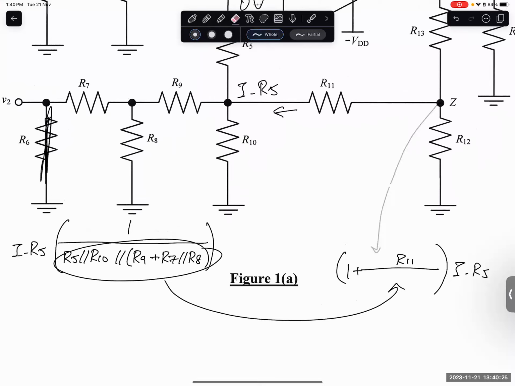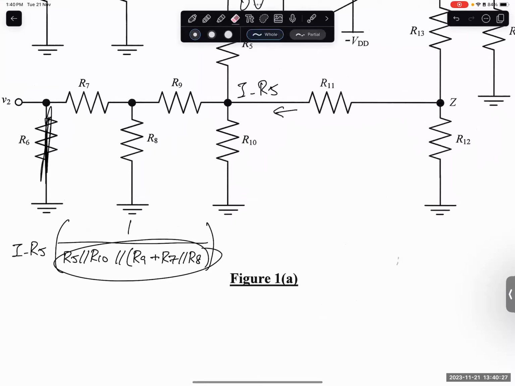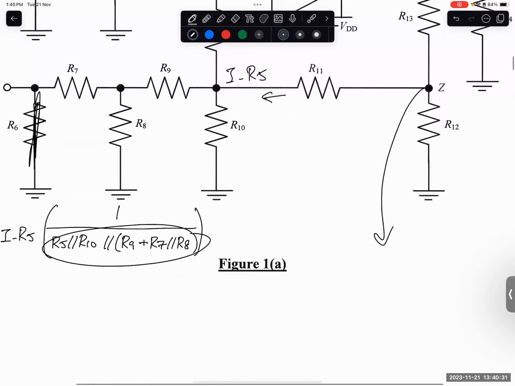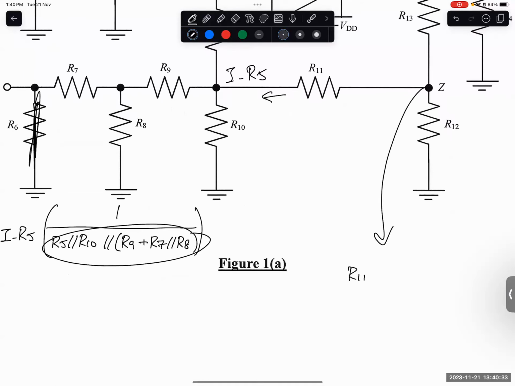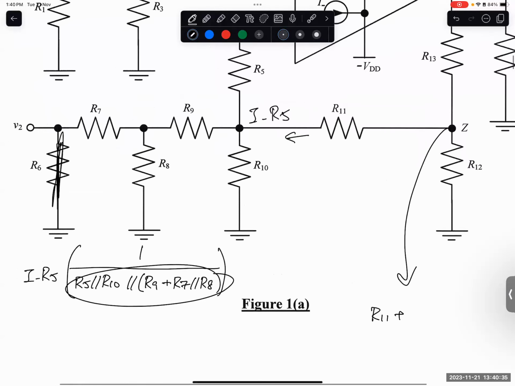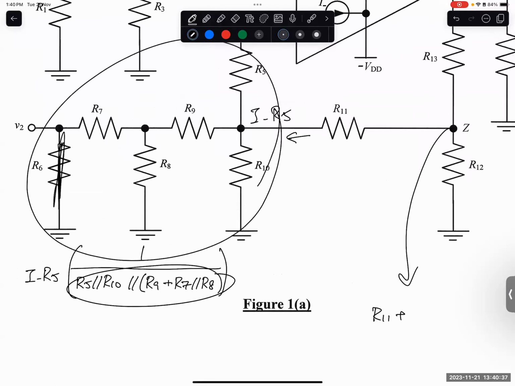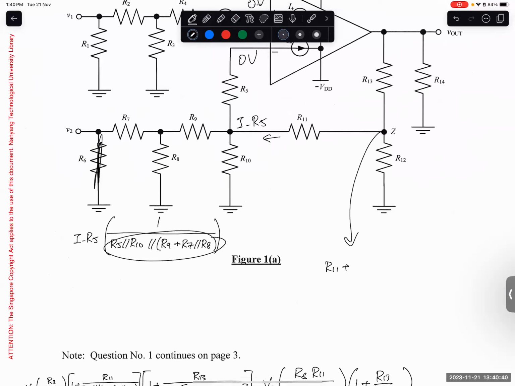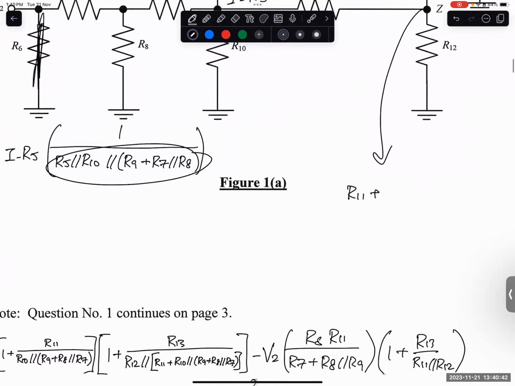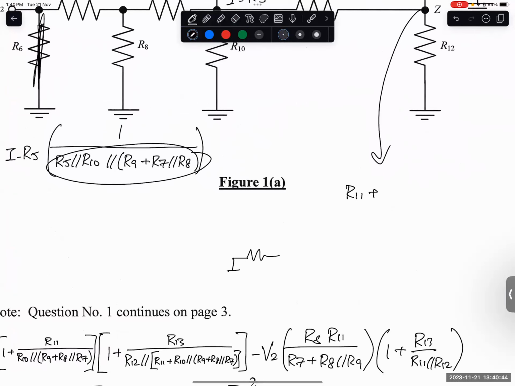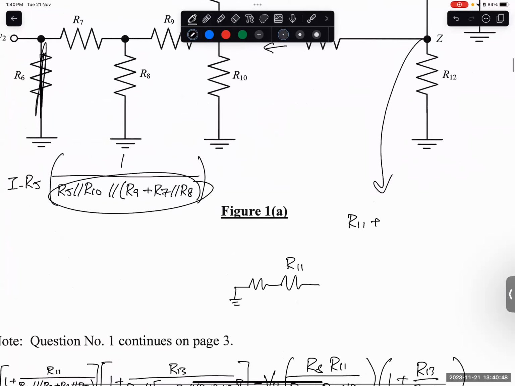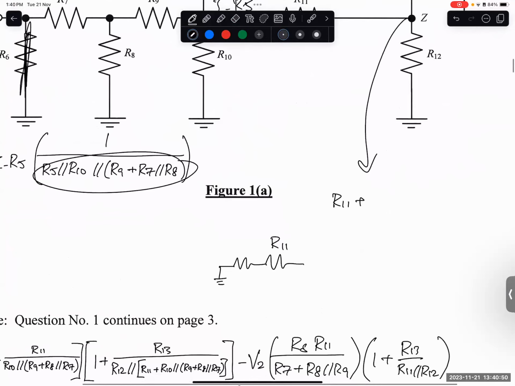Oh yeah, so why is it 1 plus, right? Okay, I can write it out longer. So actually here, to find this one, is actually what? You agree it is R11 plus the total resistance here, right? Because you can see this as a voltage divider. So like the ground here, then this is R11, and this is Z, right?